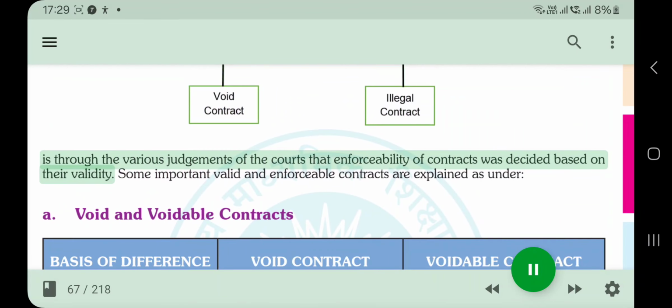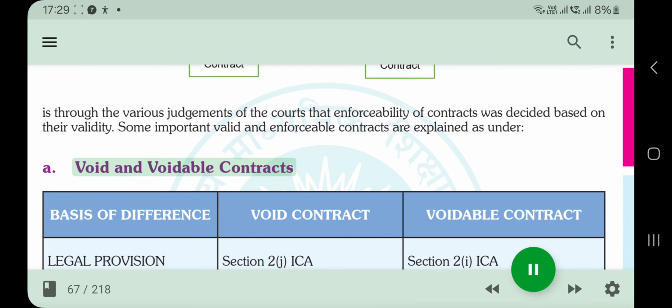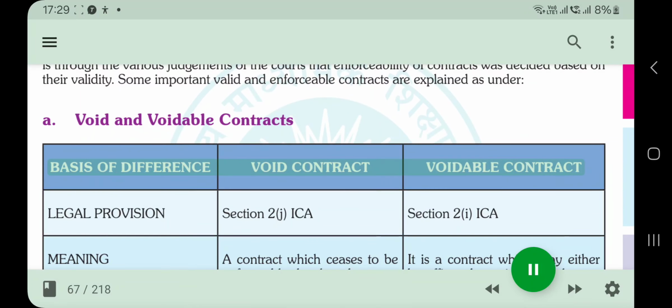It is through the various judgments of the courts that enforceability of contracts was decided based on their validity. Some important valid and enforceable contracts are explained as under. A. Void and voidable contracts. Basis of difference: void contract, voidable contract.